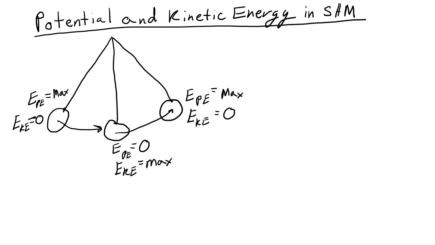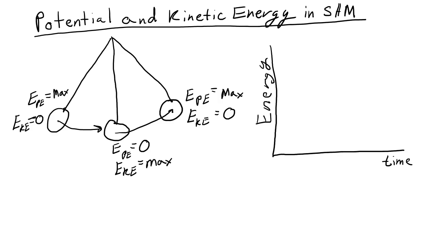If we were to construct an energy-time graph for our kinetic and potential energy, let's do potential energy in red. We start out with a maximum when we started swinging our pendulum. It went to zero when it reached the bottom, and then returned to maximum again when I completed halfway through my oscillation.